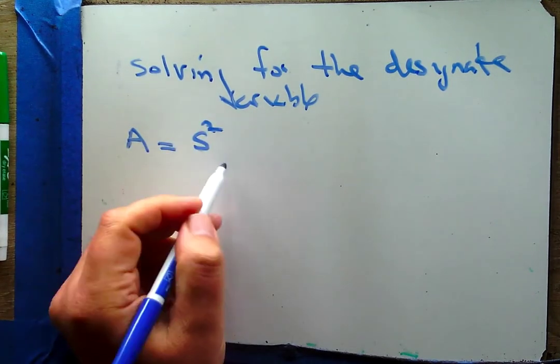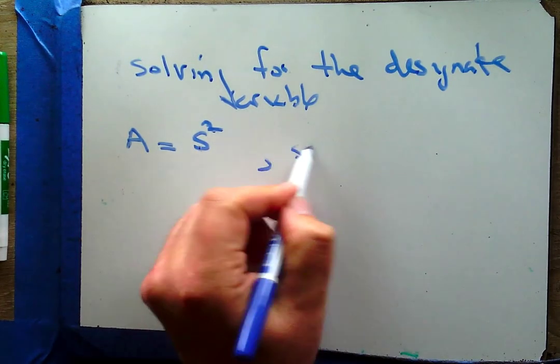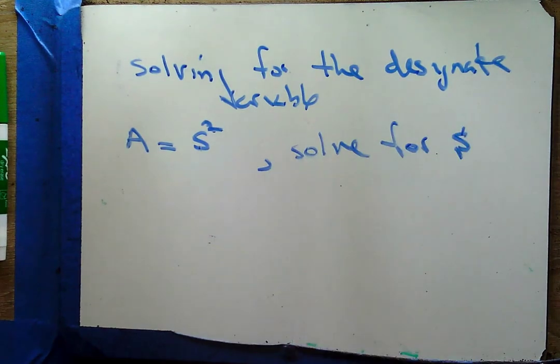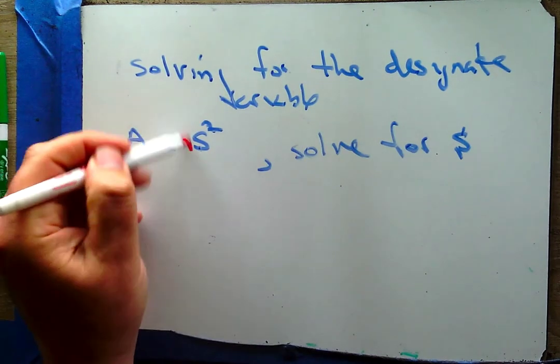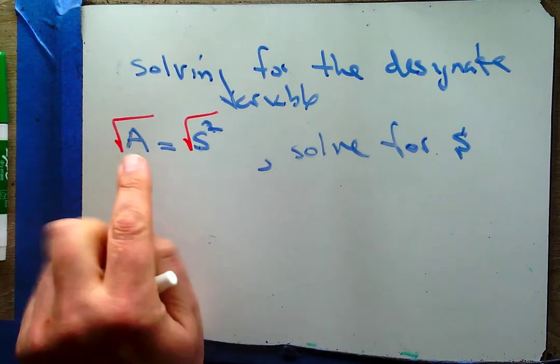This is the area formula for a square. That's the side length of the square. Solve for s. Well, that should be pretty straightforward. Right now, we've got s squared, and I need to get rid of that squaring. I remember that square root will get rid of squaring.